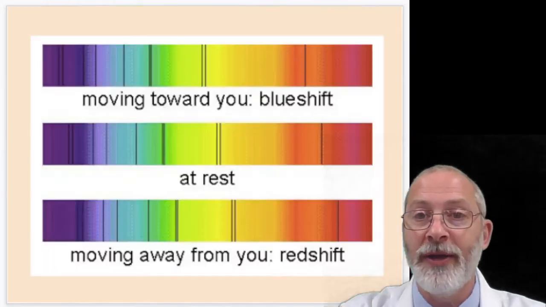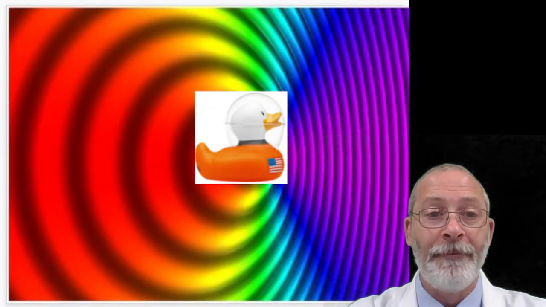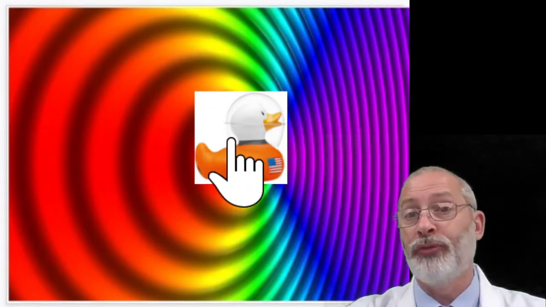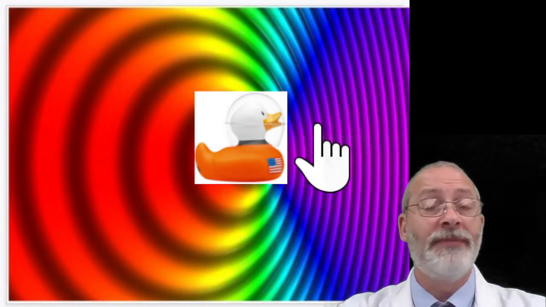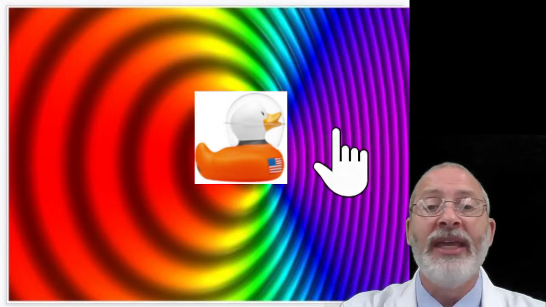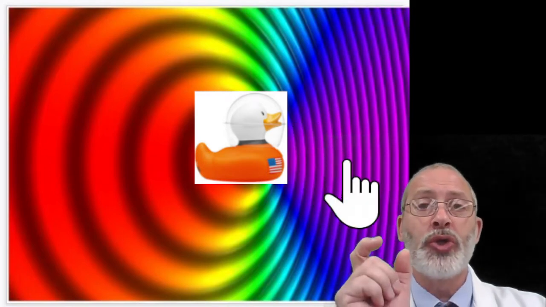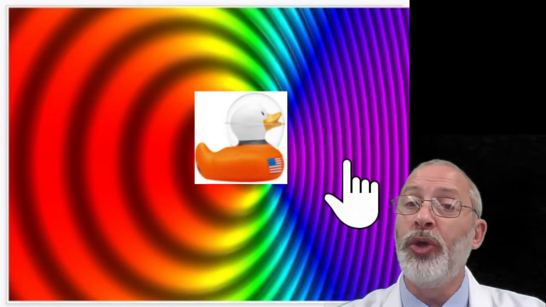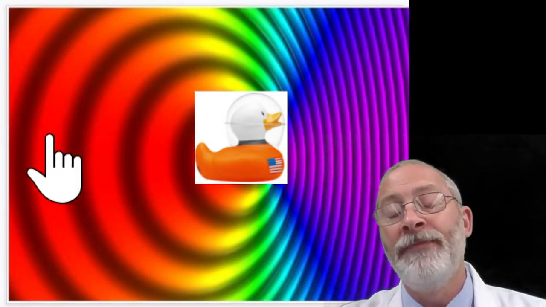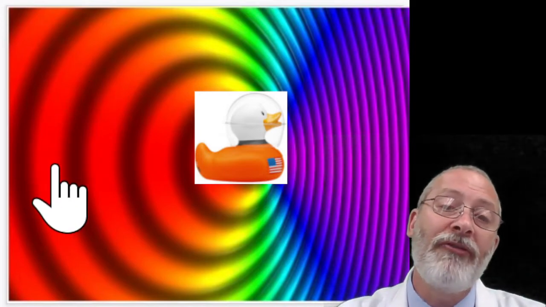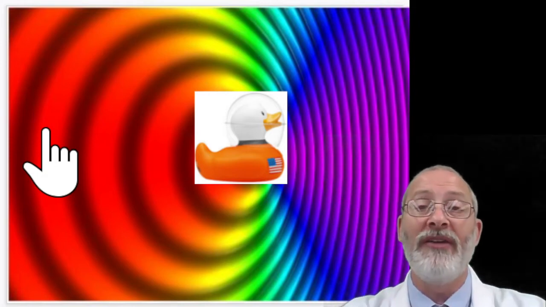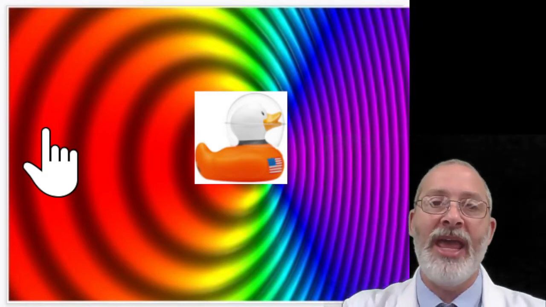We talked about how as an object, like our space duck, moves through space, the waves, either water, sound, or light, as in this case, get squished together, with a shorter wavelength shifted to the blue end of the spectrum. In the opposite direction, when an object is moving away from us, the observer, the waves get spread out, with longer wavelengths towards the red end of the spectrum.